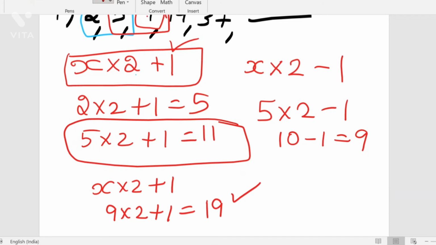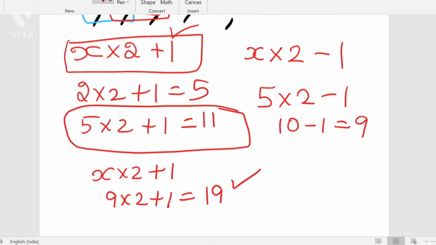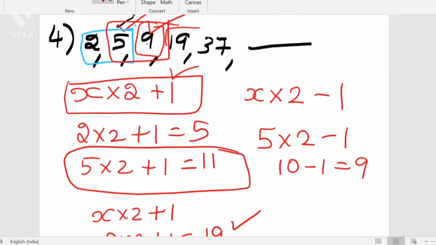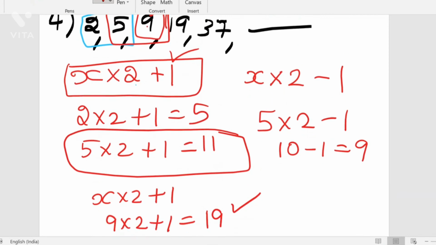Yes. So next we have to use minus, that is 19 into 2 minus 1. 19 into 2, 38, minus 1, 37. That means for 19 to 37 we have used x into 2 minus 1.